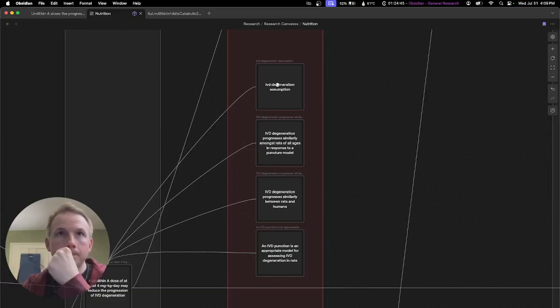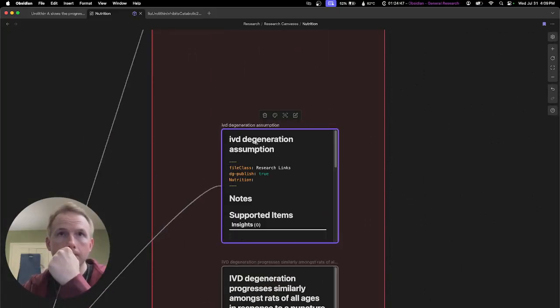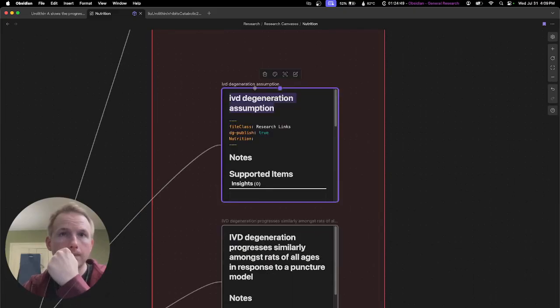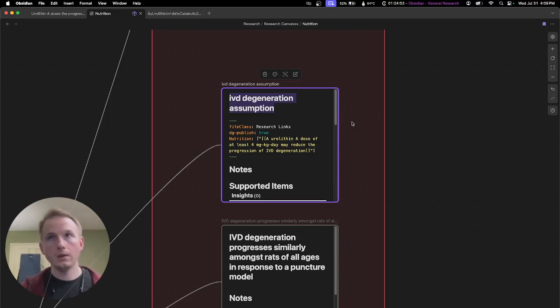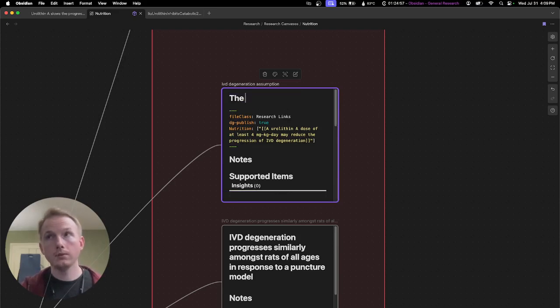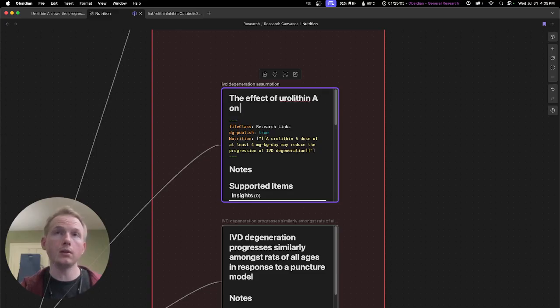So, it's really the effect of Urolithin A on disc degeneration.